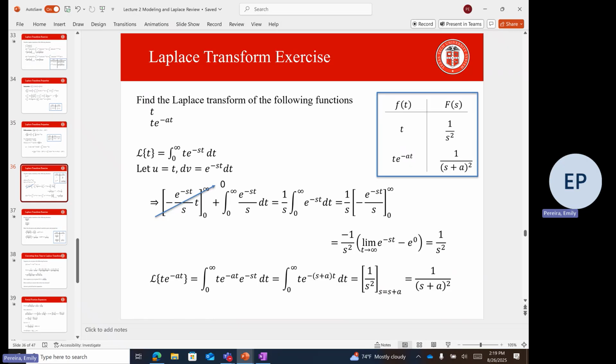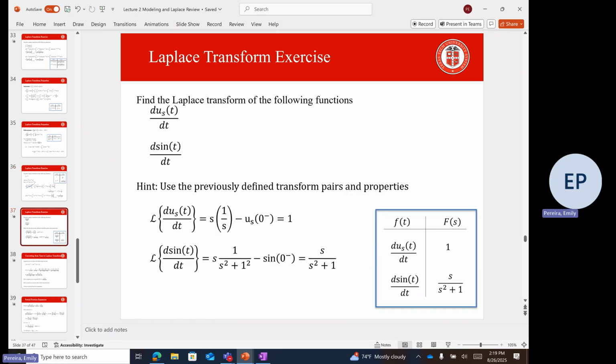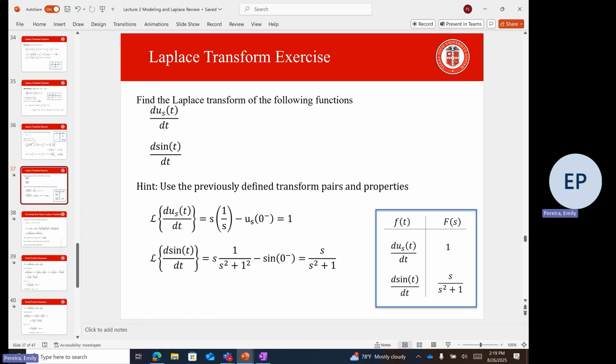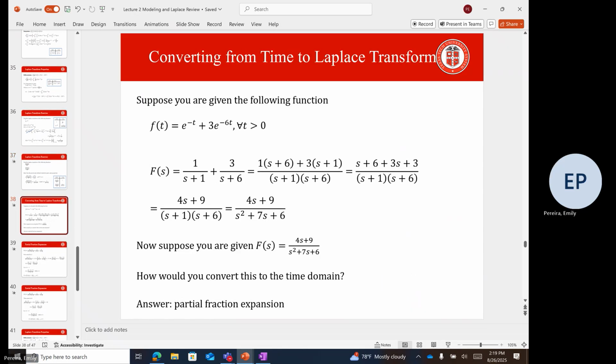So kind of interesting there. So we're starting to see where this second order system is going to come into play, and we're going to focus a lot on the second order system in the second unit.